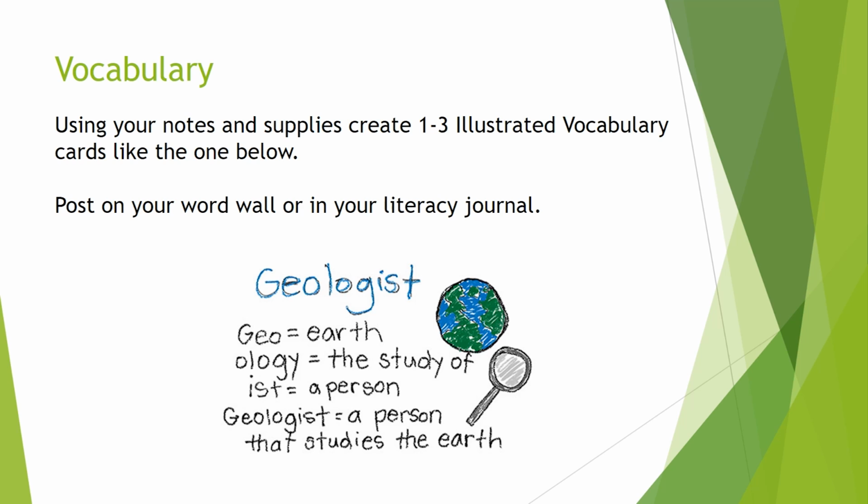So a geologist is a person that studies the earth. Anything along this line, you also want to illustrate, to make some little pictures to help bring in that side of your brain to remember this. Once you're finished with your cards, you can post these on your word wall or in your literacy journal.